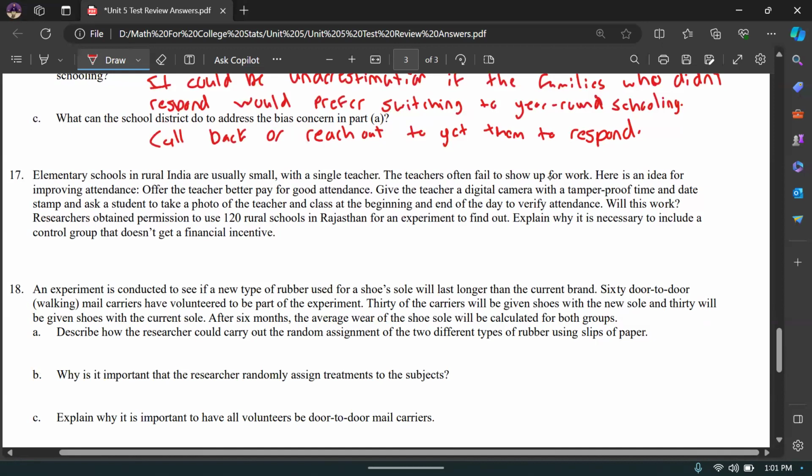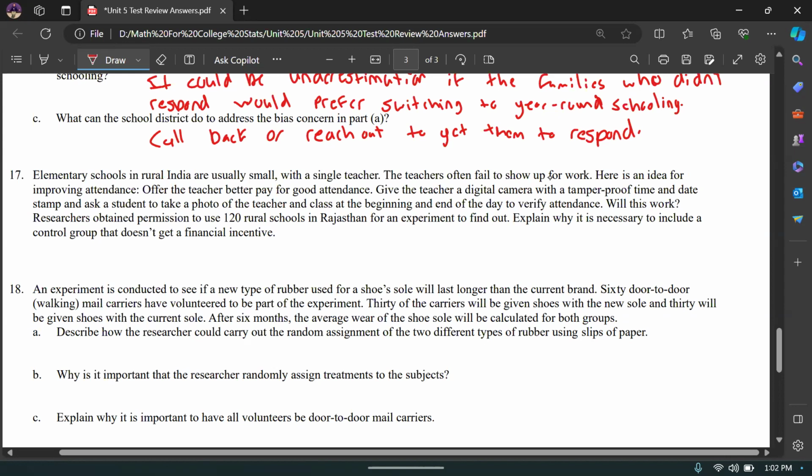Will this work? Researchers obtained permission to use 120 rural schools in Rajasthan for an experiment to find out. Explain why it is necessary to include a control group that doesn't get a financial incentive.